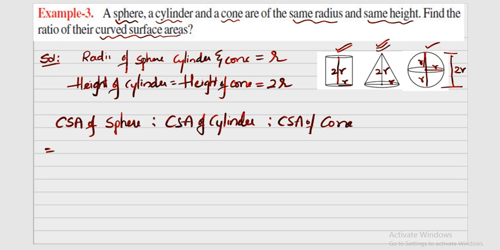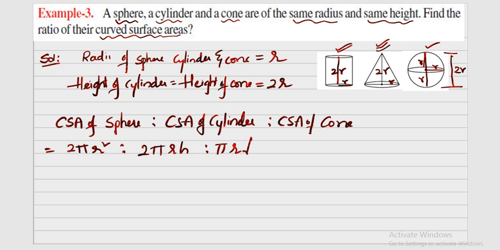Now when I write the formula, the CSA of sphere is 2 pi r square. The CSA of cylinder is 2 pi r h, is to the CSA of cone is pi r L.